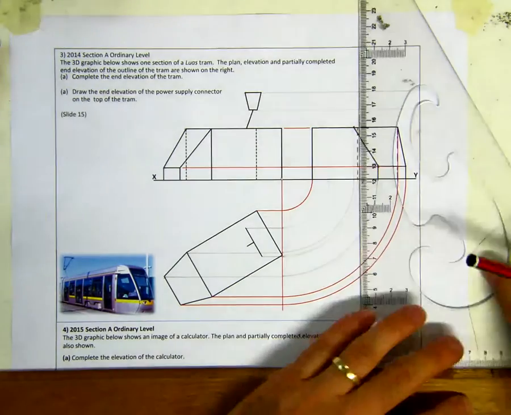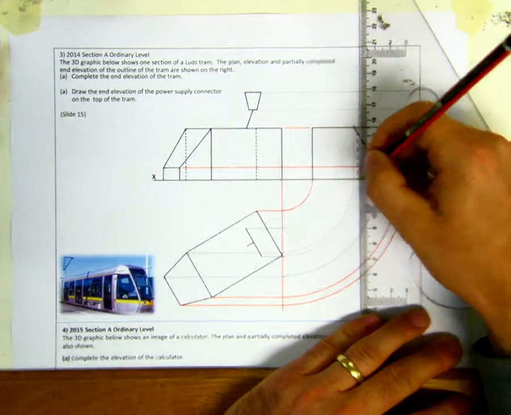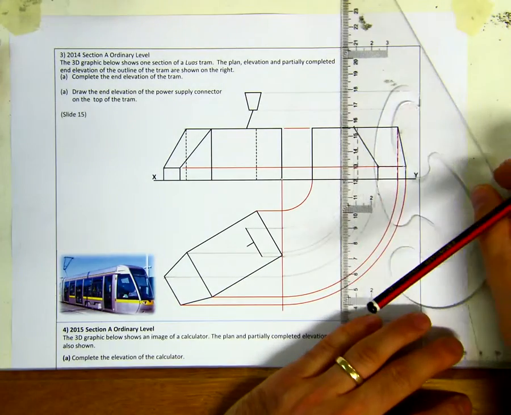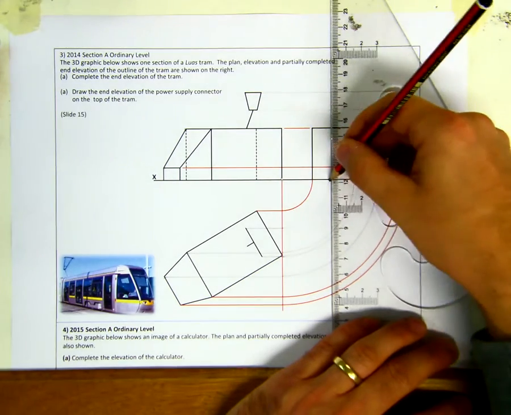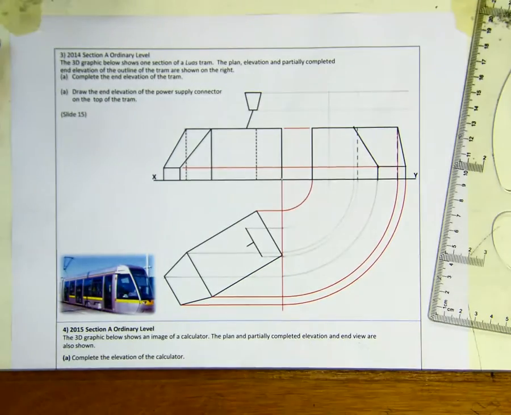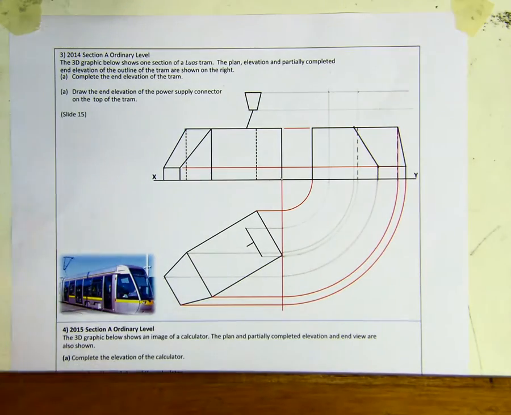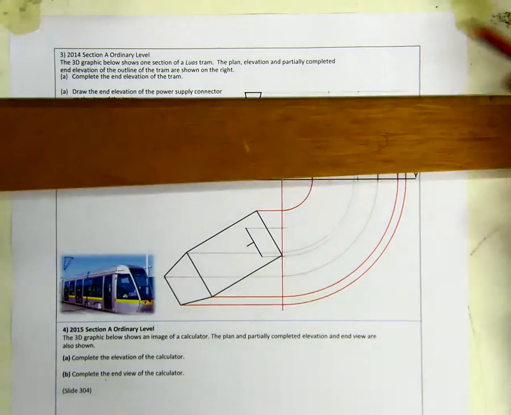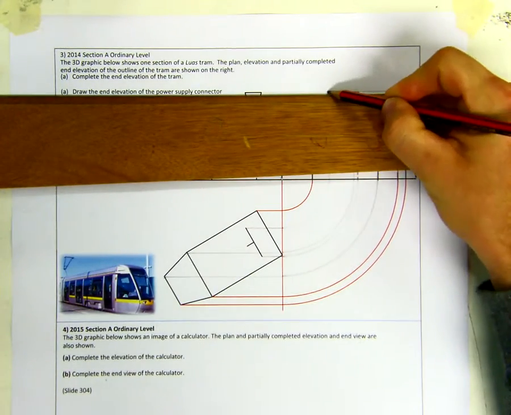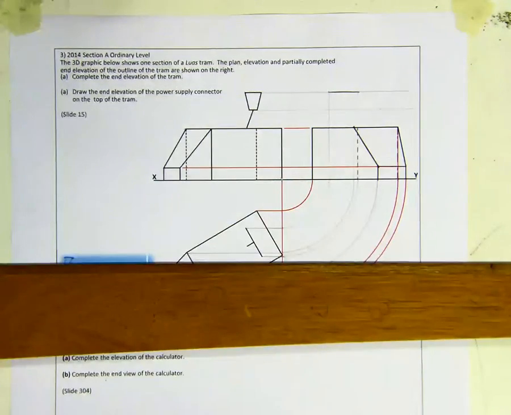Bring them points up. Where they intersect at the top, that point there and that point there, gives you the top of the supply connector.